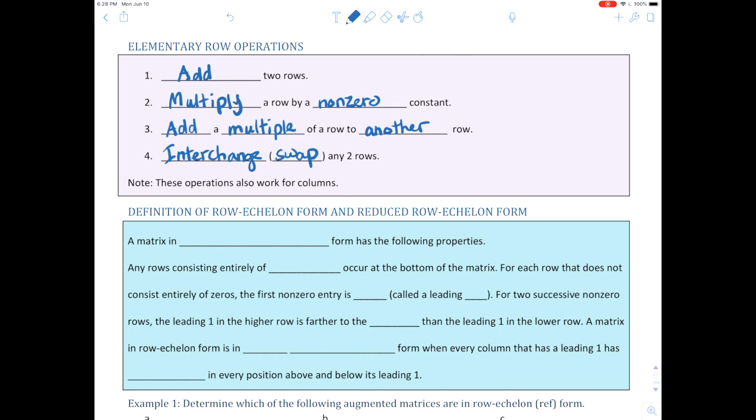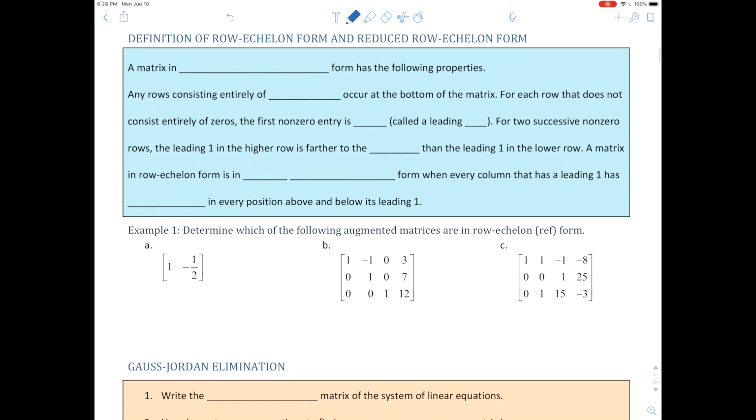All right, so first definition, row echelon form and reduced row echelon form. A matrix in row echelon form, which we usually abbreviate as REF, has the following properties. Any rows consisting entirely of zeros, the computer system swaps them so that they're at the bottom.